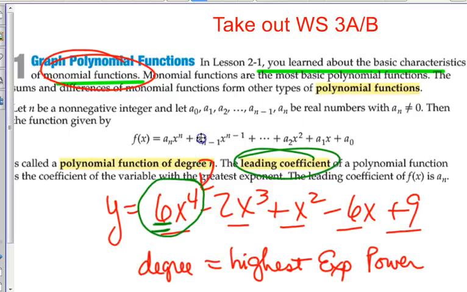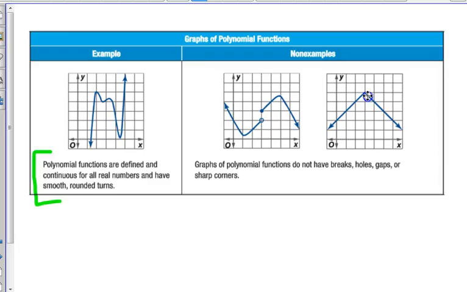A polynomial function, when you graph it, is defined as continuous for all real numbers. In other words, the domain is all real numbers. It is smooth with rounded turns. It has no breaks, holes, gaps, asymptotes, sharp corners, any of that.